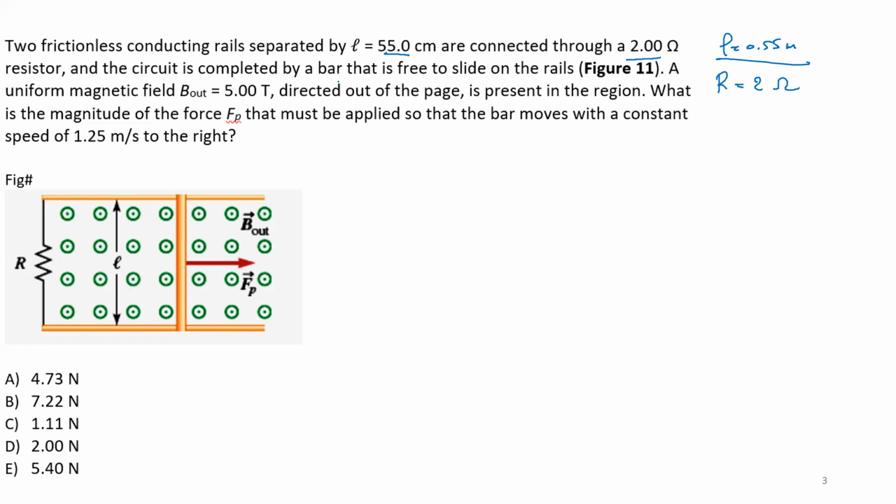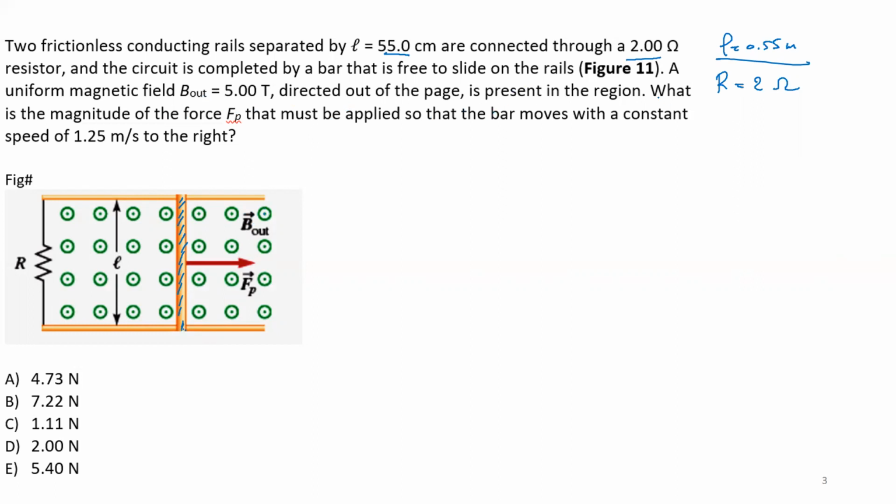Okay, the circuit is completed by a bar that is free to slide on the rails. So you have this bar here. It's free to slide. Of course, this junction here between the bar and the rail is frictionless. A uniform magnetic field B, directed out of the page, you see, this B here, is out of the page. It's uniform and present in the region.